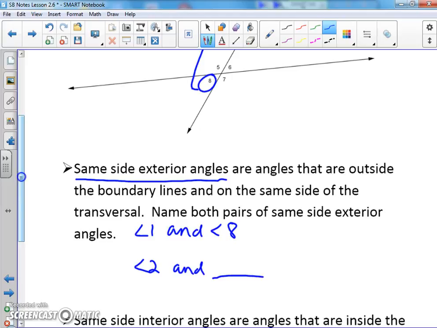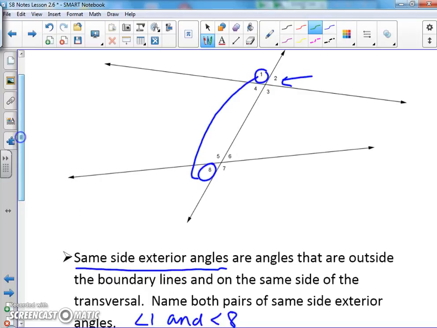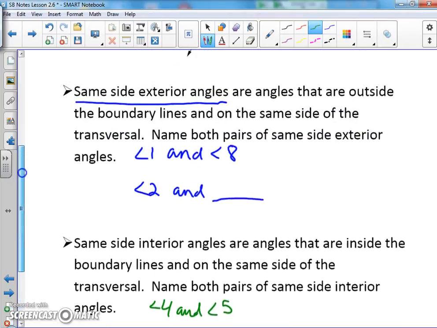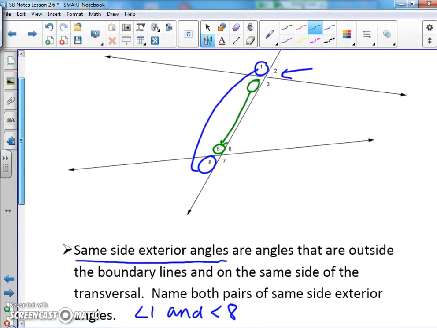We can do the same thing for interior angles. So we have angle 4 staying on the same side and staying inside my boundary lines. 4 would go with 5. So angle 4 and angle 5, and then we have one more pair which you should be able to see right here.